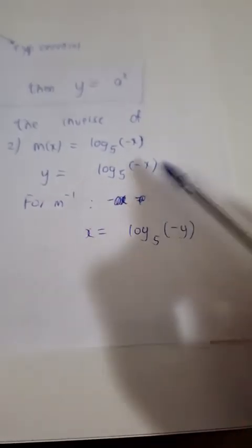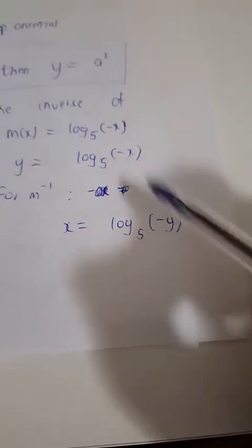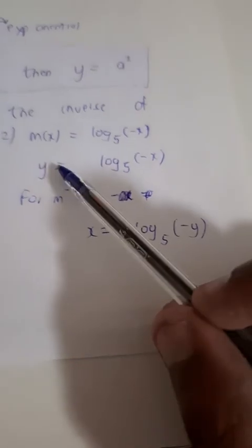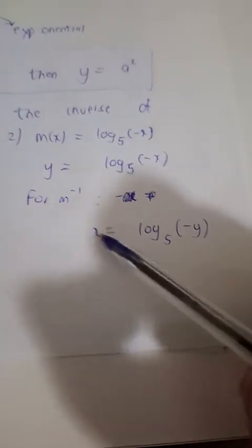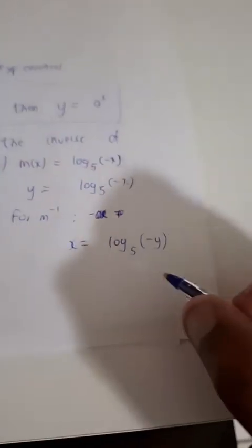Y becomes x, x becomes y. So obviously I'm changing this x to y, it's still negative. I'm changing this y to x, it's still positive, okay? Then after that, what do we then do?